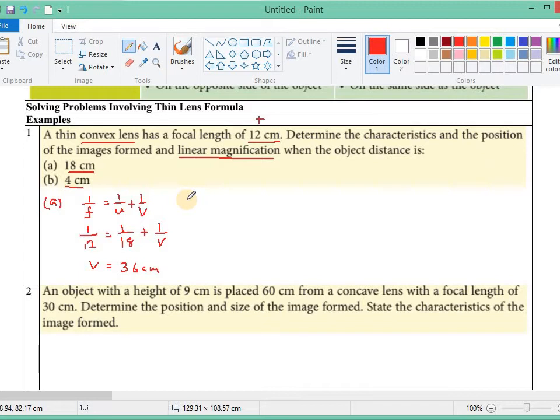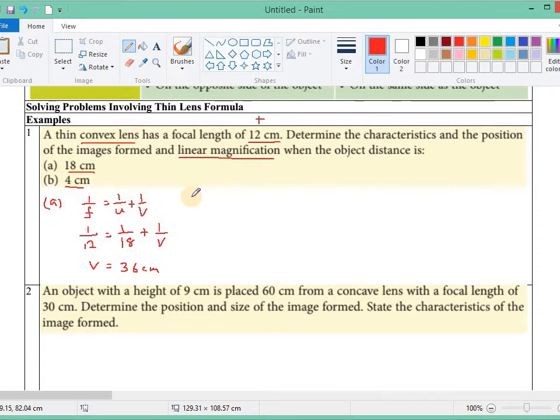Is it bigger than the object, same size as the object, or smaller than the object? How do we know whether it is bigger, smaller, or same size? We look at linear magnification. How do we calculate the magnification of the image?